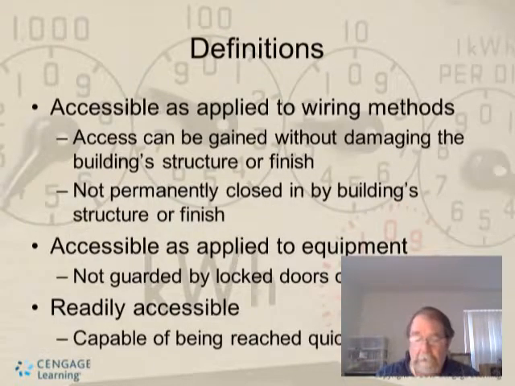Definitions: accessible as applied to wiring methods. Access can be gained without damaging the building structure or finish. Not permanently closed in by a building's structure or finish.